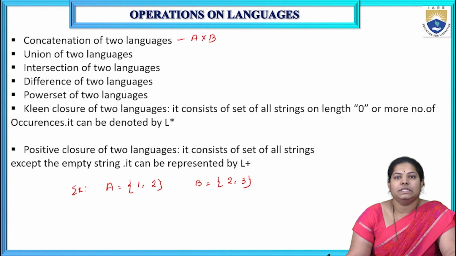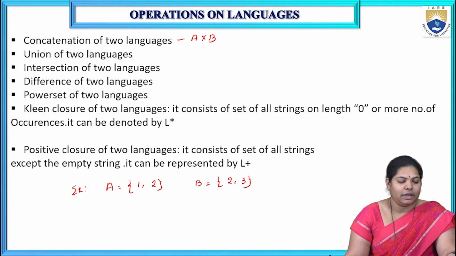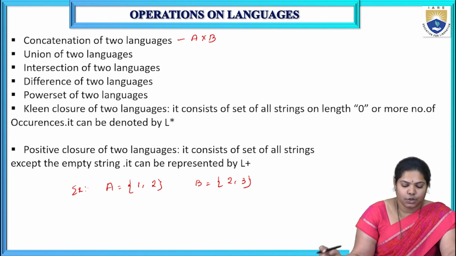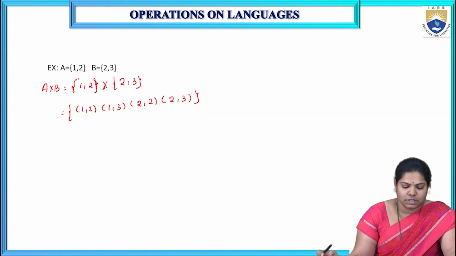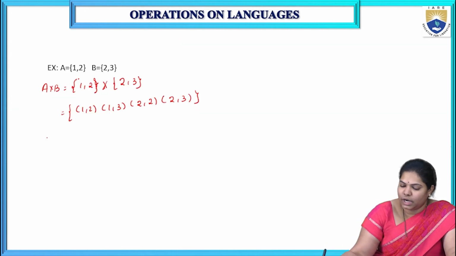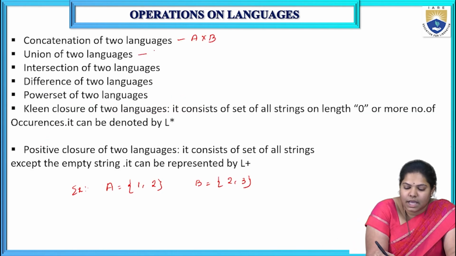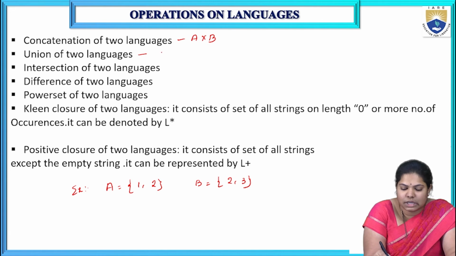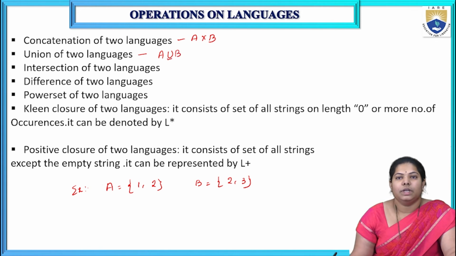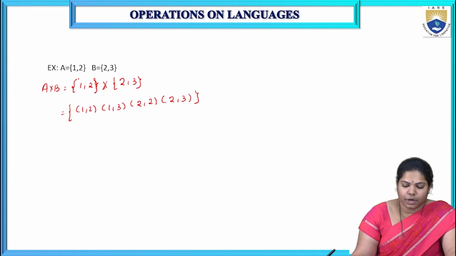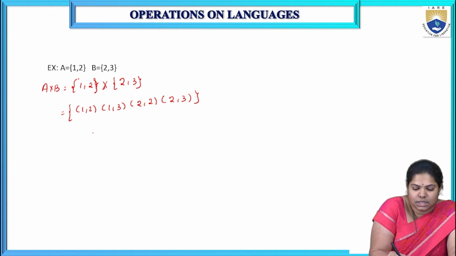The next one is the union of two languages. As I already told you for strings, union is represented by the union symbol. So how do we perform this operation on these two input languages?